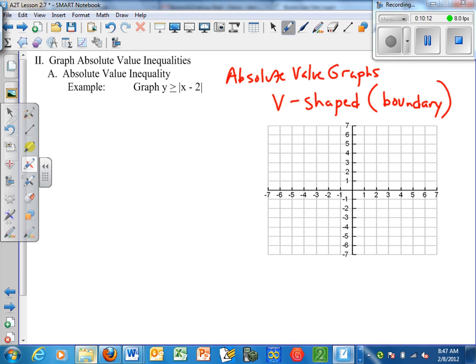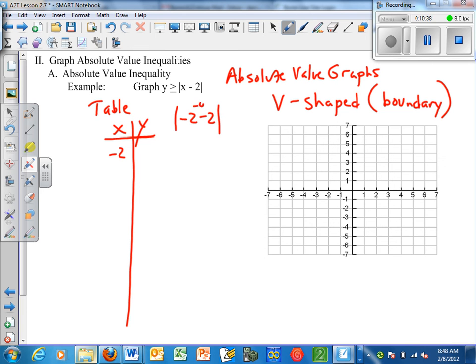Just like when you were graphing absolute value equations, you need to make a table. We need to pick some values to get our V shape. So let's pick some values. Let's start at -2. If I plug -2 in, I have -2 minus 2. Absolute value, well, that's -4 in there.